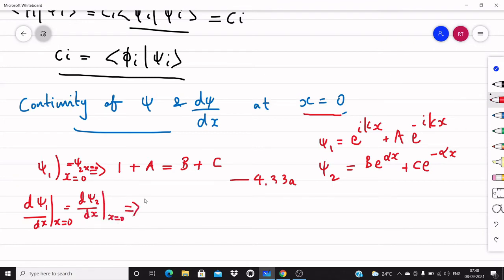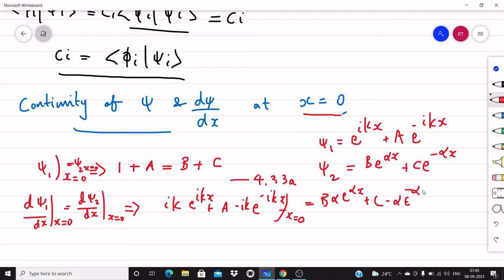That implies, first let us take the derivative, that is ik e raised to ikx plus a into minus ik e raised to minus ikx is equal to, now we have to apply the x equal to 0 condition, the derivative of psi 2, which is b alpha e raised to alpha x plus c into minus alpha e raised to minus alpha x, at x equal to 0.